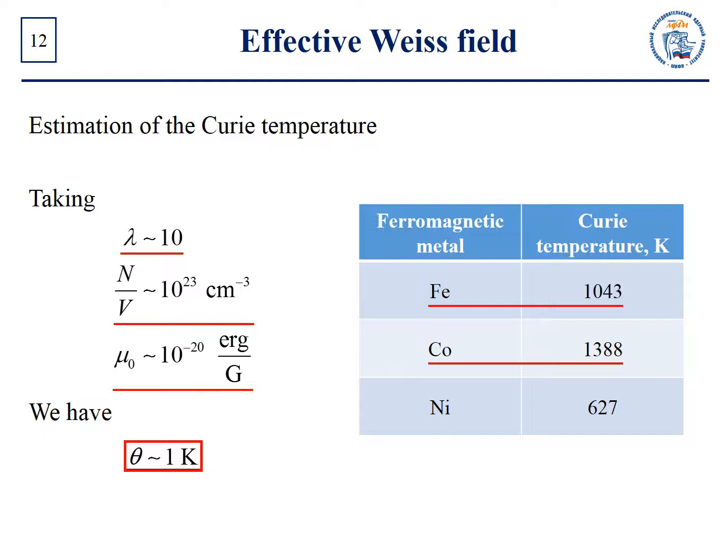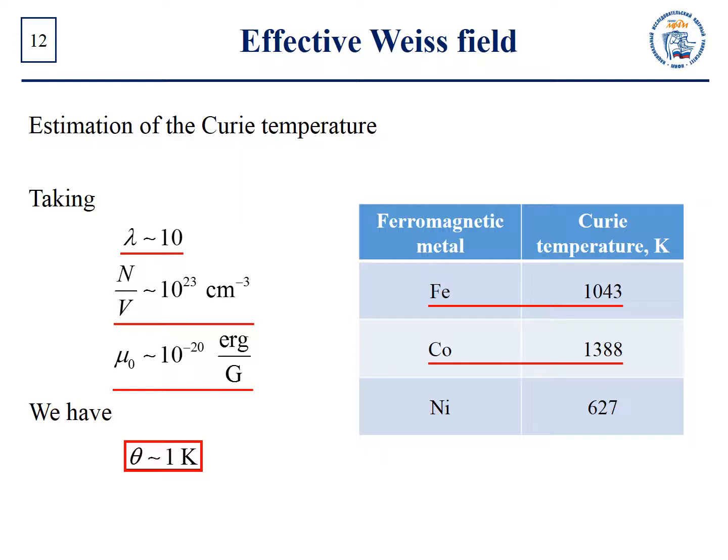To explain such high Curie temperatures within the Weiss approach, one should assume unrealistically large values of lambda, concentration and mu 0. Hence, the Weiss idea appears to be at variance with experimental data. Moreover, numerous experiments revealed that the molecular field generated by the local moments is, if any, orders of magnitude weaker than that required to account for the phenomenon of ferromagnetism.